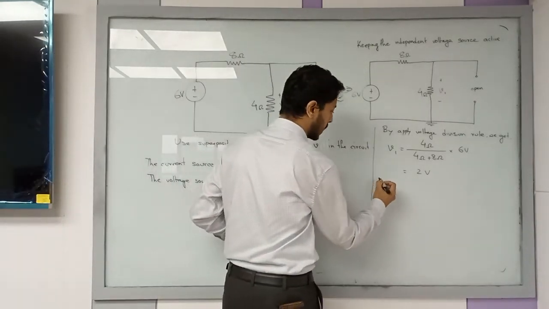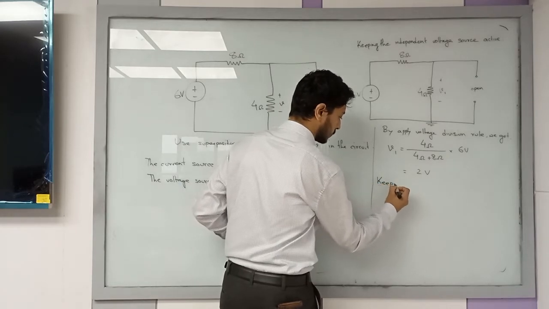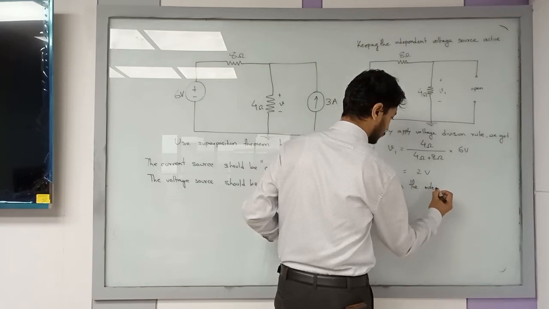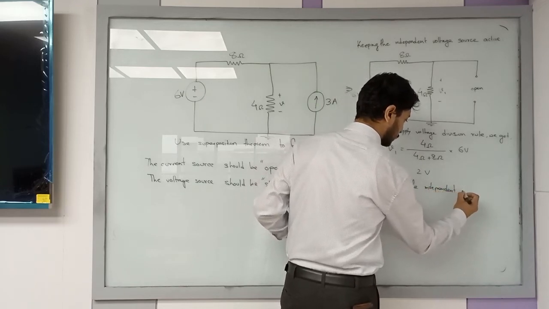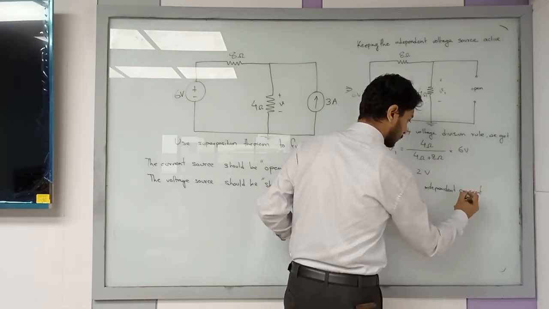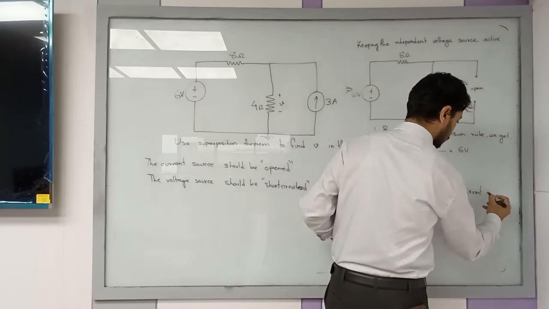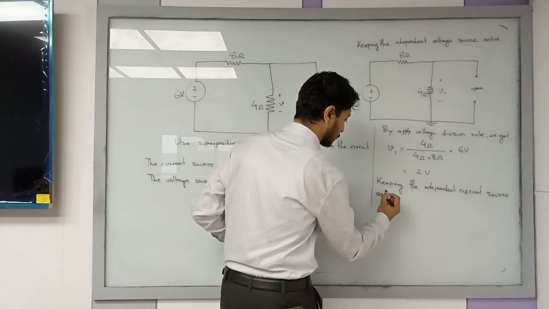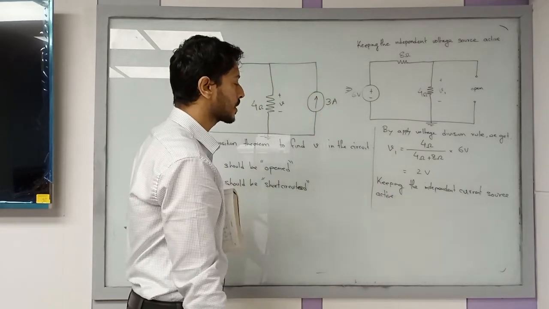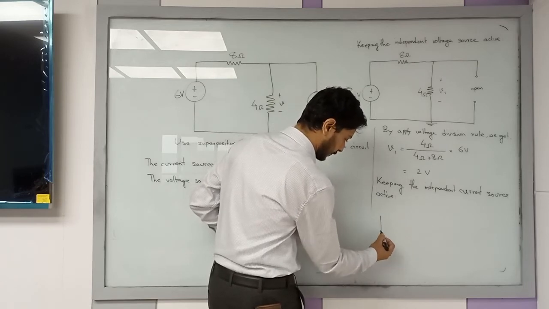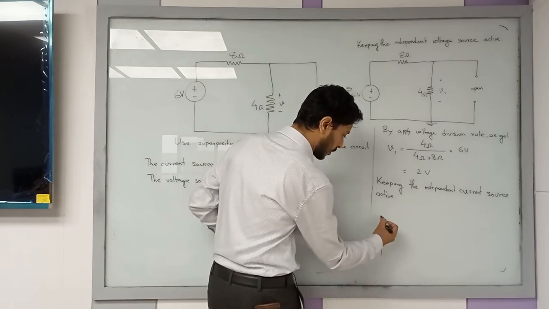So keeping the independent current source active, we get a circuit like this. So this is shorted.